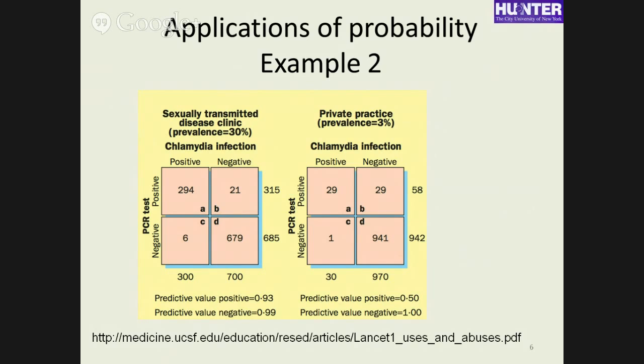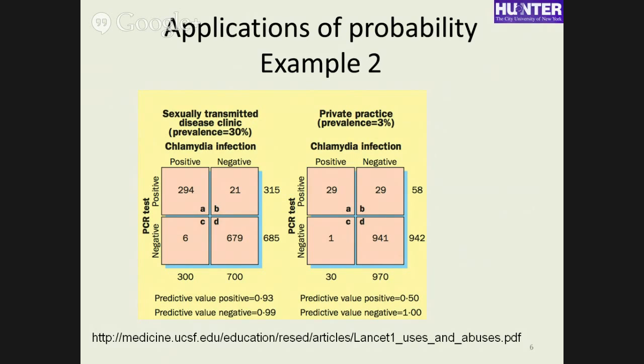And this is a screening test that's being applied in two different settings, in a sexually transmitted disease clinic, which we would call a sexually transmitted infection clinic now, where the prevalence in the population that enters that clinic is 30%. And then in a different setting, a private practice, where the prevalence of chlamydia of all the people coming in for the test is 3%. Okay?